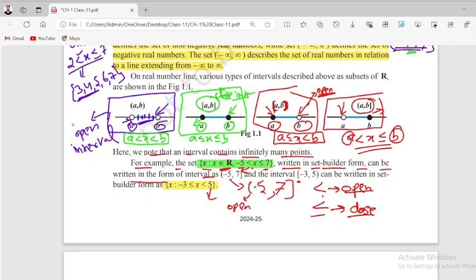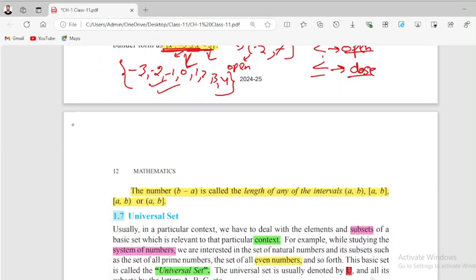So we can also write it like that: minus 3, minus 2, minus 1, 0, 1, 2, 3 and 4. Basically, this is the set of this representation. So all this explanation basically belongs to the interval.